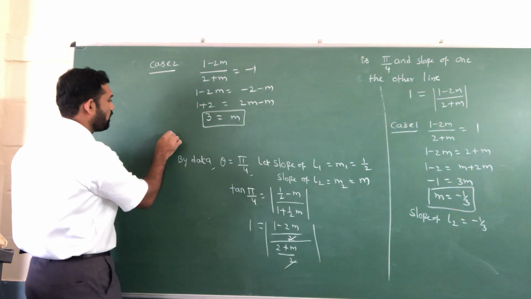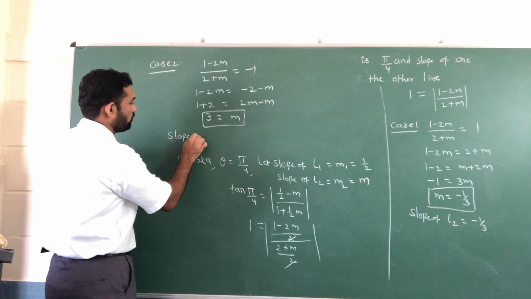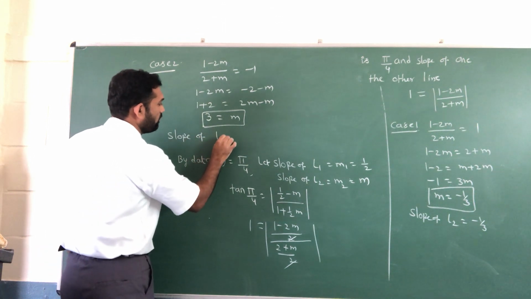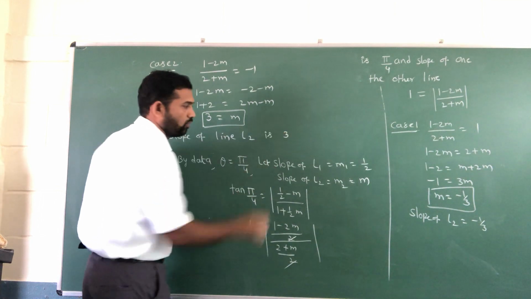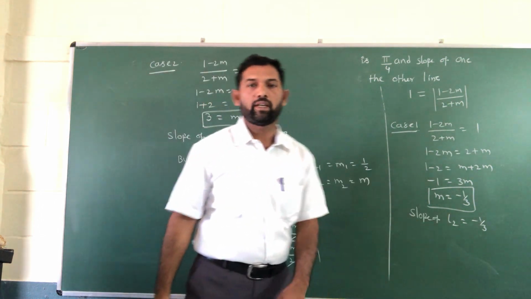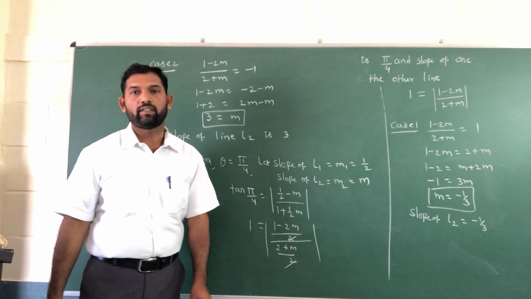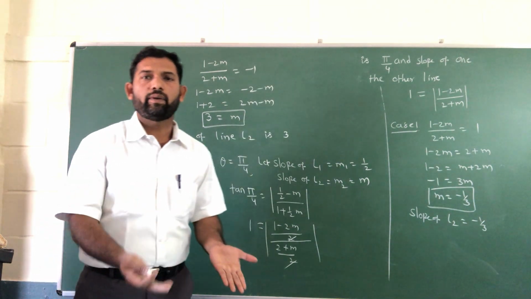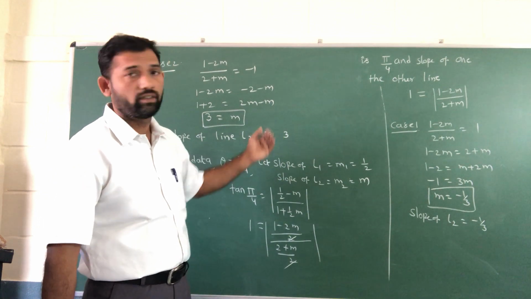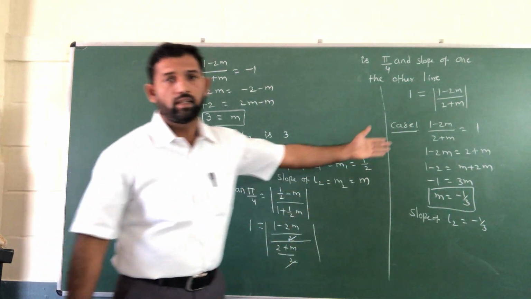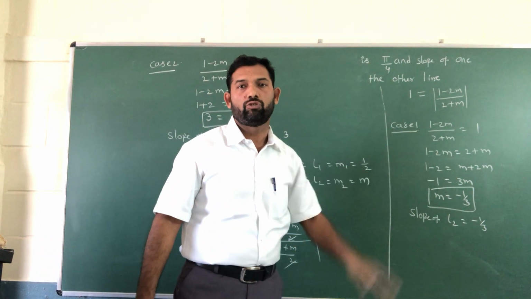So the slope of line L2 is 3. One slope is minus 1 by 3, another slope is 3. In your examination, sometimes they will give this as the answer, sometimes they will give that as the answer, and mainly they will ask only for your final solution.